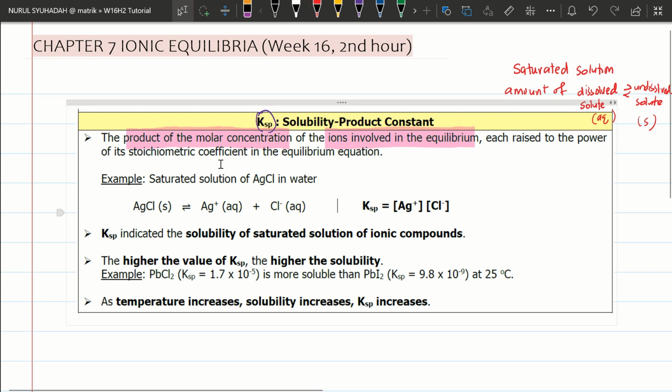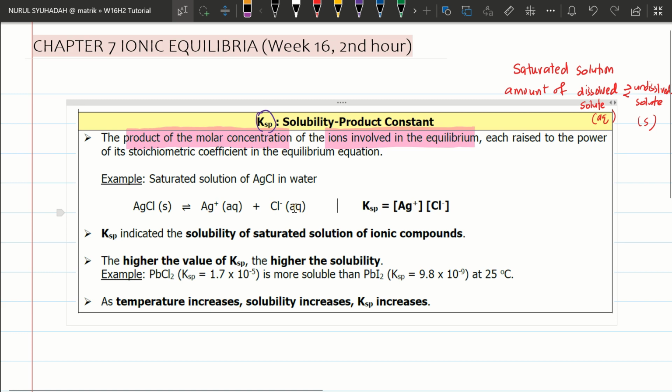Okay, so example dekat sini, I give you a saturated solution of AgCl in water. So, basically, AgCl, solid, dia adalah solute. Okay, kalau dia berada dalam saturated solution, it will be in equilibrium with its ions. Apa ion dia? Ag plus, Cl minus, aqueous.